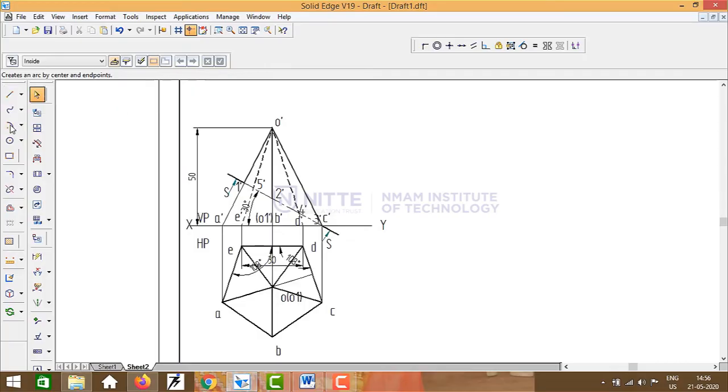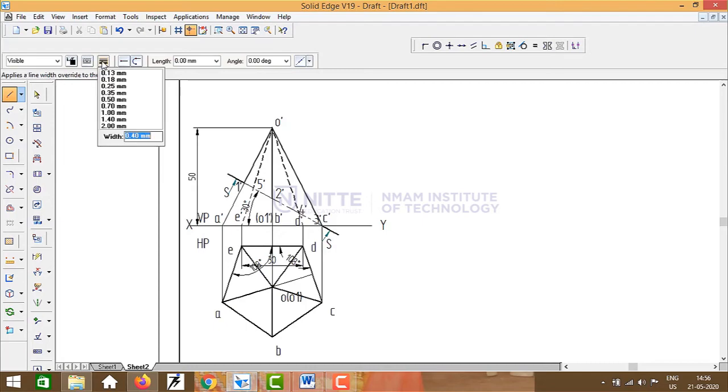So go to arc by center point. I'll select this OC edge. I'll keep O as a center, C as another point, and I will rotate it and make it parallel. Okay, so first I will draw the line.